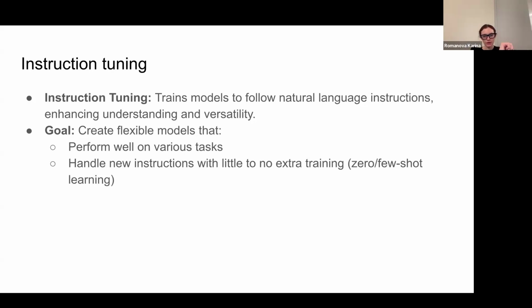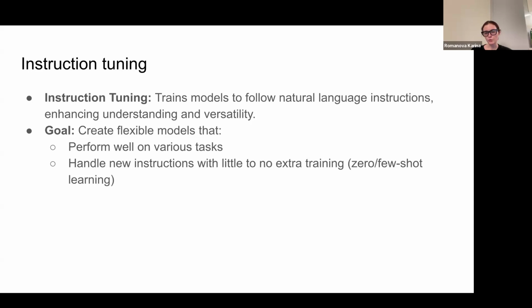Okay, so instruction tuning is crucial because it bridges the gap between a model's pre-trained capabilities and its ability to follow specific human instructions. By fine-tuning models on datasets that pair instructions with desired outputs, we enhance their responsiveness and adaptability to user directives.